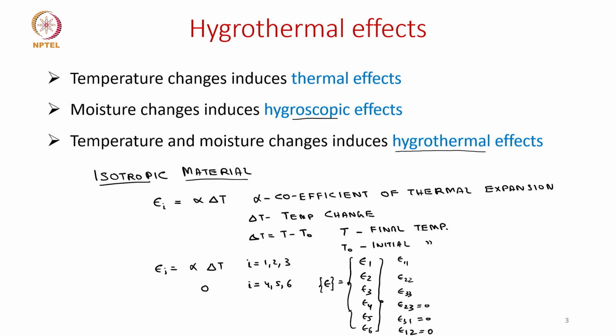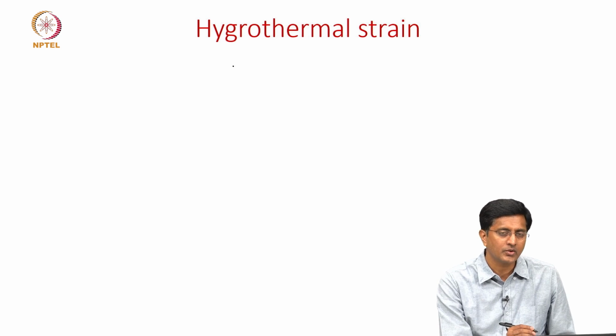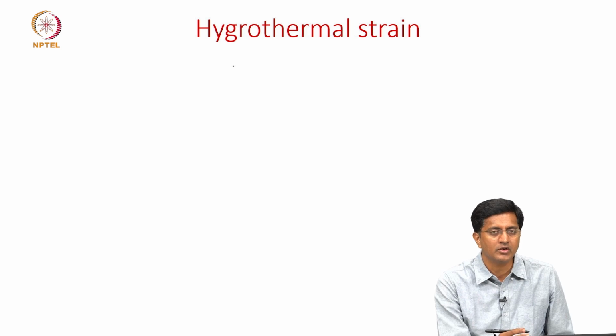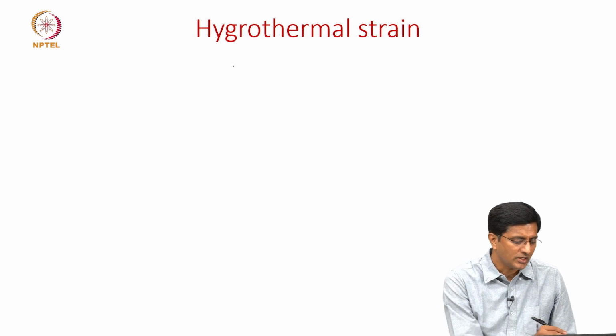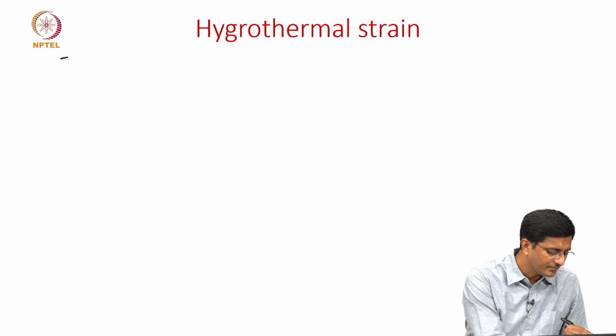Okay, with this background of the isotropic material, let's see for orthotropic material how we can extend these concepts. So now we'll start looking at these hygrothermal strains for the orthotropic material or the lamina. We'll start with the thermal effects.